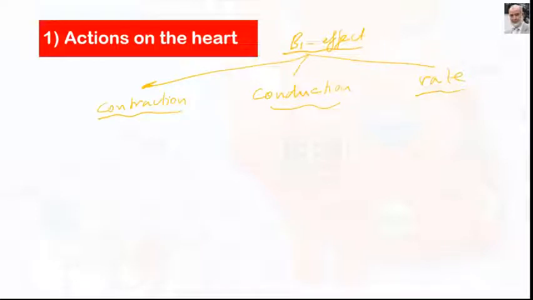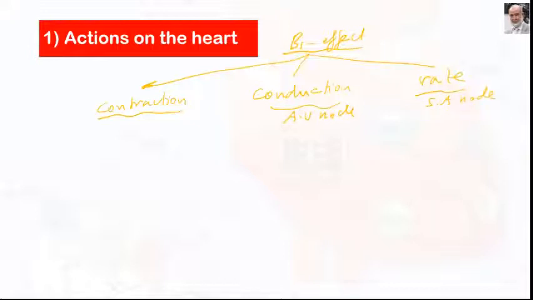Stimulating the beta-1 receptors will result in increasing the heart contraction, increasing the conduction through the heart muscles, and increasing the heart rate through the SA node. Conduction is through the AV node, especially from the atria to the ventricle, and rate is through the SA node.